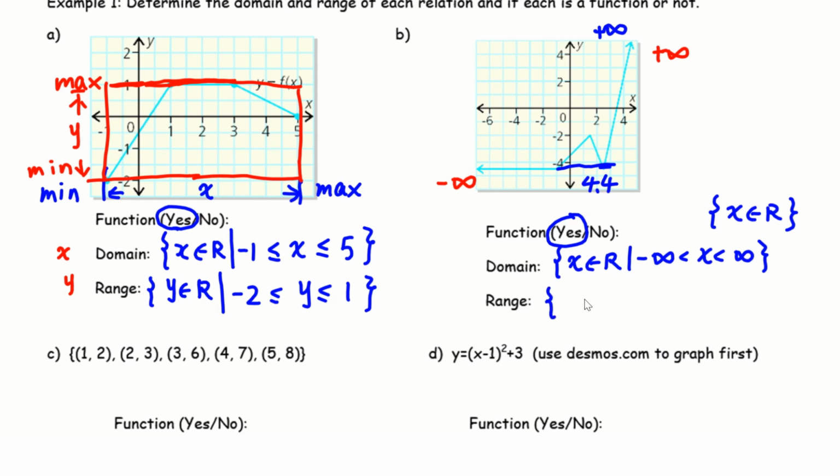Then we have the range. Y belongs to all real numbers such that minimum is 4.4, maximum is positive infinity. Then we use less than y. And because the lowest point, no open dot, so it's equal to. So this is for B.